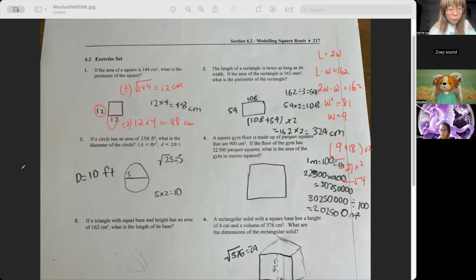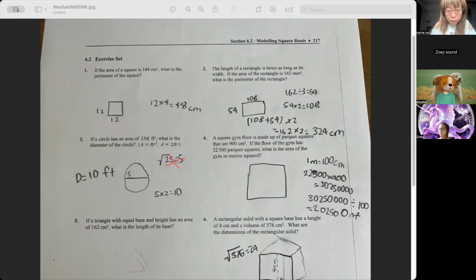Okay, so let's take a look at number 3. If a circle has an area of 25 pi feet squared, how do we do this? This is also not right, these are not good. The area, how do we calculate the area? The area equals pi times radius squared equals 25 pi, correct? Look at me, okay? That's step 1. Step 2, r squared equals 25. So r equals 5.